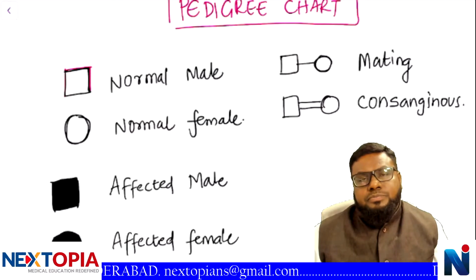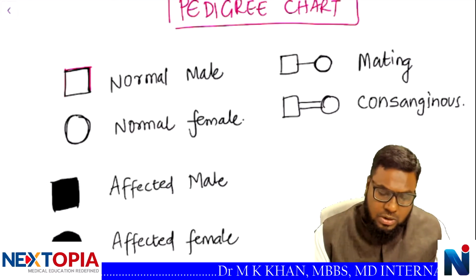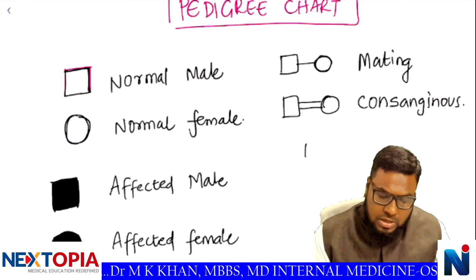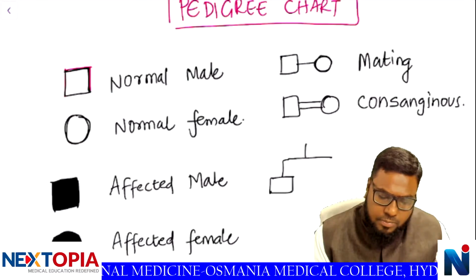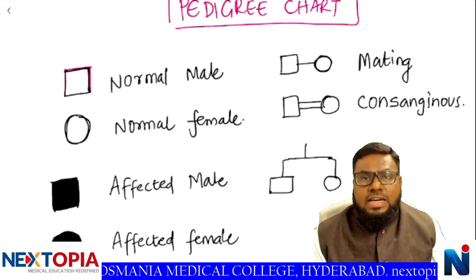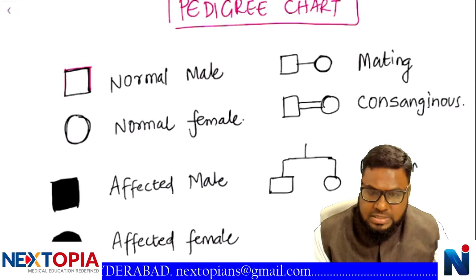All right. And then if I draw a flow chart like this, either squares or circles, it means it is offspring. Offspring means children.